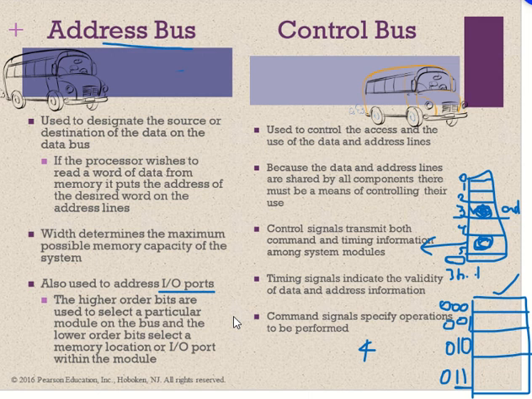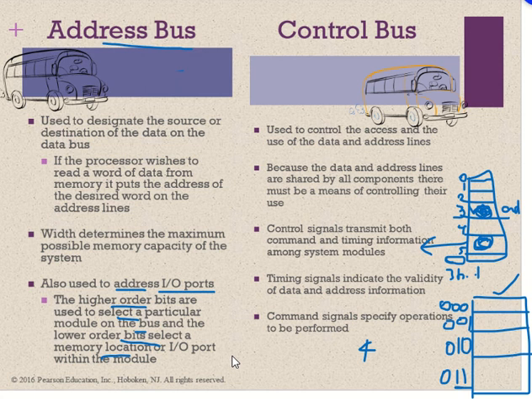So the module contains a specific address for each and every device. From where I am reading the data, to where the processor is going to print the data, it needs an address of the IO. So the address bus is used for the IO port also. The higher order bits are used to select the particular module on the bus, and the lower order bits select the memory location or the IO port, because it takes the data from the memory to the IO.